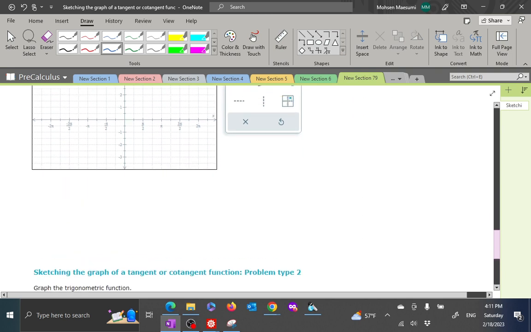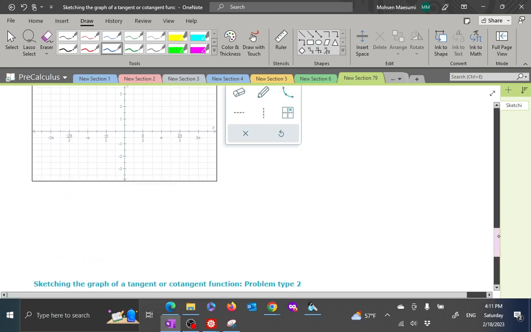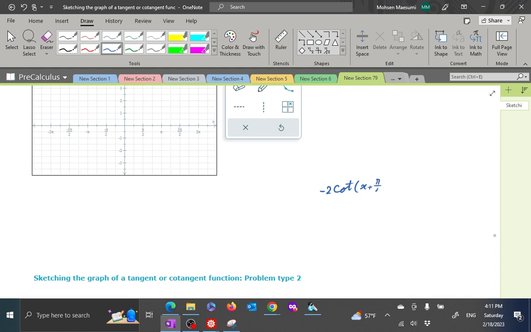Next, 2 minus 2 cotangent of x plus pi over 4. So again, I go ahead and make a table here. Of course that comes from cotangent of x plus pi over 4, and the input to that is x plus pi over 4, and then we are actually graphing versus x.